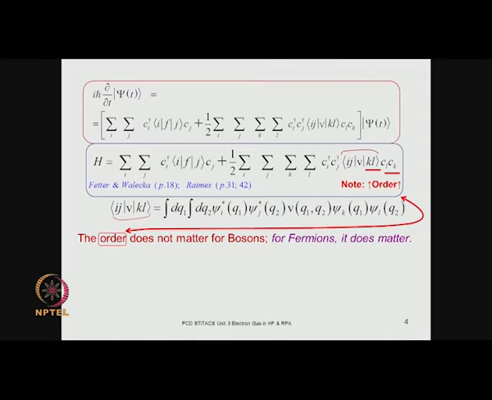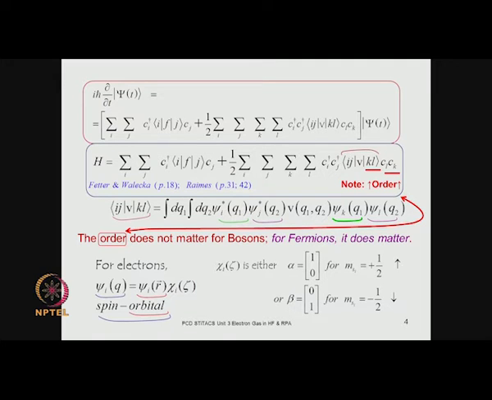Now, always remember that one has to keep track of the order of these operators c_l, c_k. These are destruction operators for the lth and the kth state respectively. This order is important for fermions. It is not important for bosons, because the commutation and anti-commutation rules for the creation and destruction operators for fermions and bosons are different, as you are well aware.